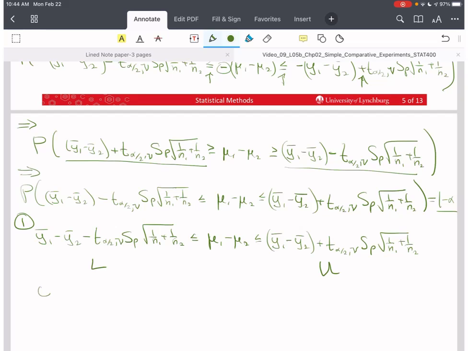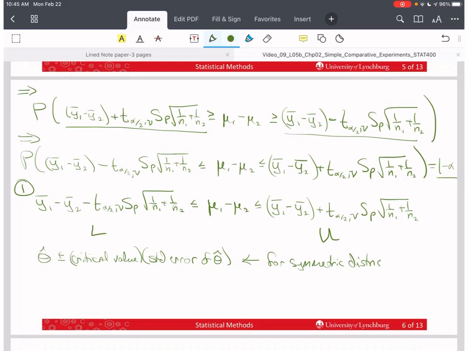And so what we have is theta hat plus or minus critical value times standard error of the estimate of theta hat. And for symmetric distributions, this is the general form of the confidence interval. So if you can find the critical value and the standard error of the estimate, you can create a confidence interval.